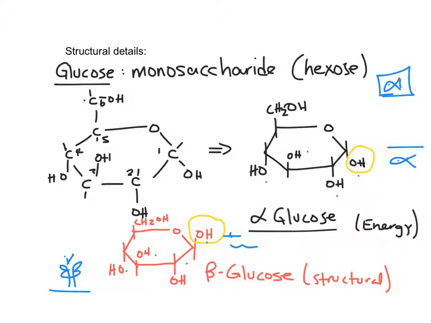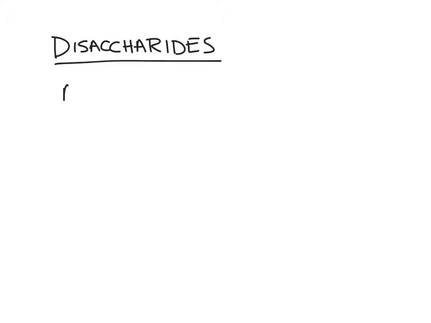The disaccharides that we are looking at: there's maltose, or malt sugar, and that's a disaccharide that's been produced by glucose dehydration synthesized with another glucose.